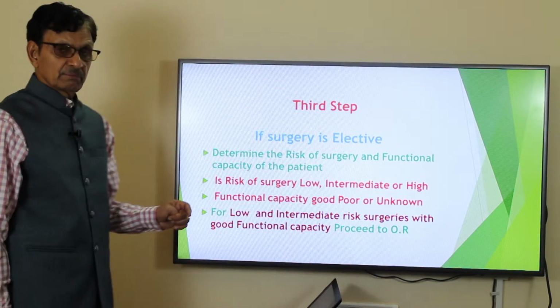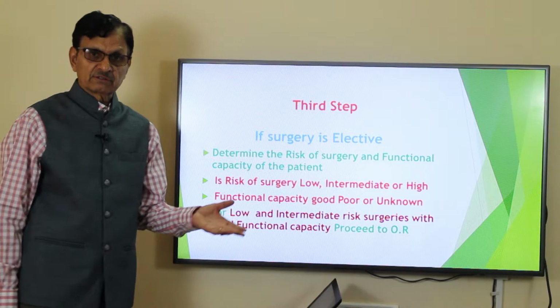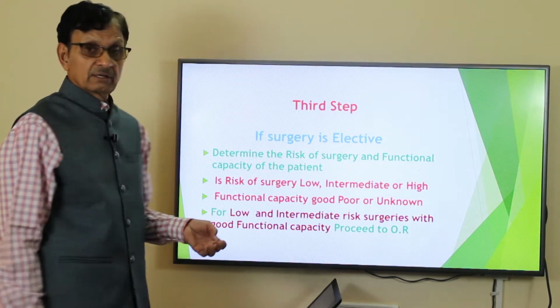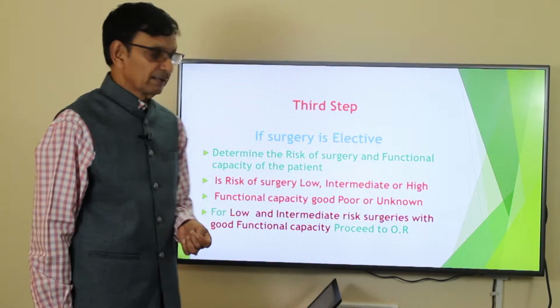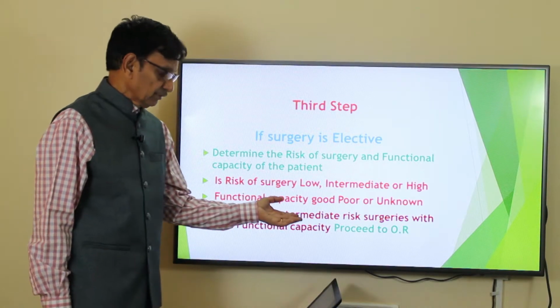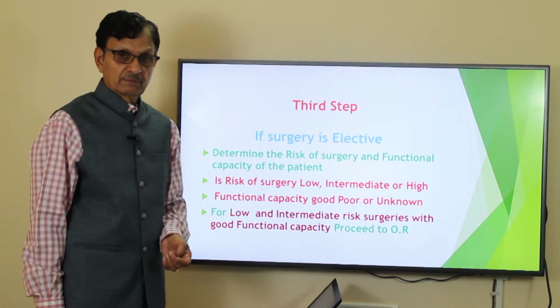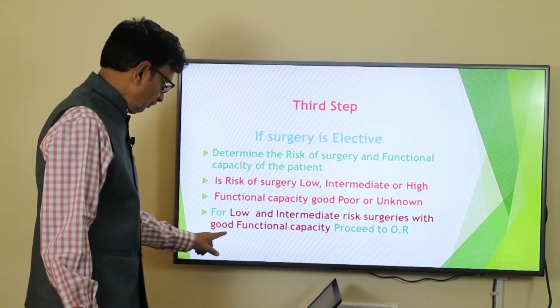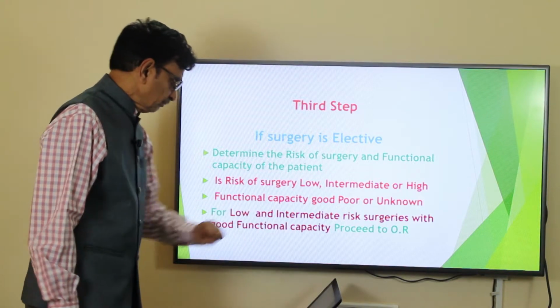And as we talked about, some of the low-risk surgeries, excision of lipoma or breast biopsy, some urological procedures, knee scopes fall into that category. And intermediate risk surgery is a simple gallbladder or hysterectomy, etc. You can proceed as long as you know the patient's functional capacity.